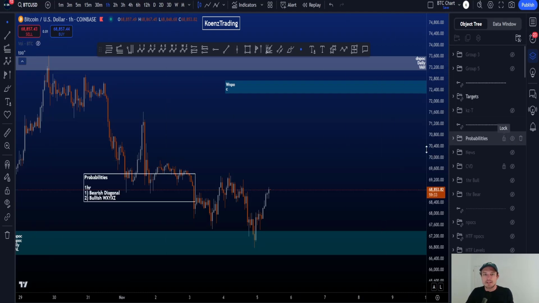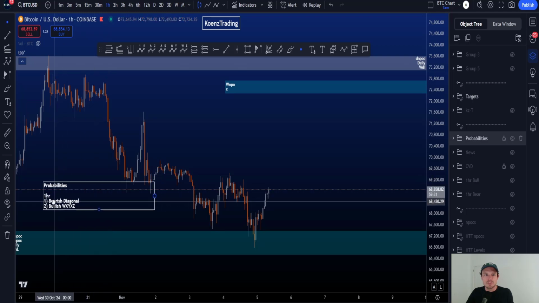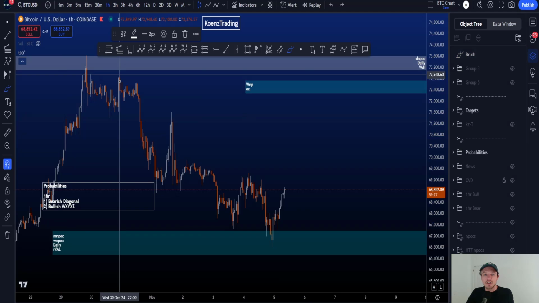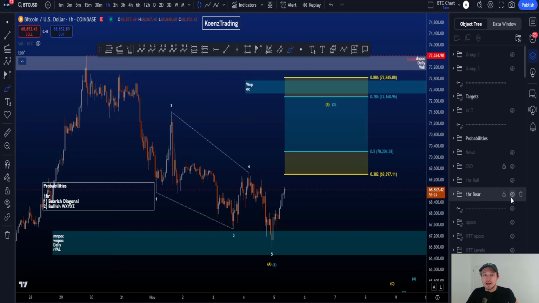And if we then look at the probabilities of the different scenarios, then at the moment, the probabilities here of the structure to the downside are higher for the bearish diagonal, followed by a wave B or 2, and then a wave C or 3 to the downside, compared to the bullish WXYXZ or the two WXYs that I explained based on the analysis that I've shown you as well.